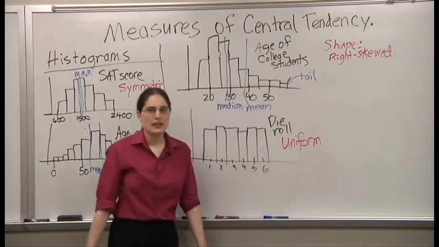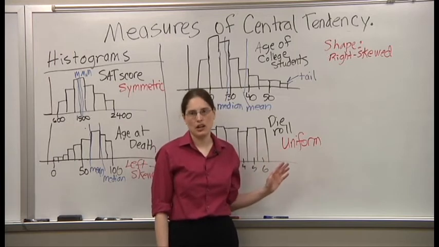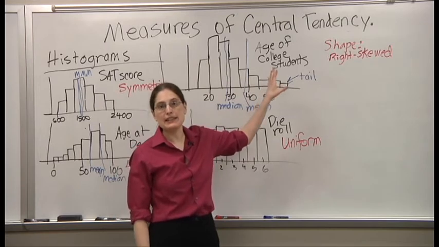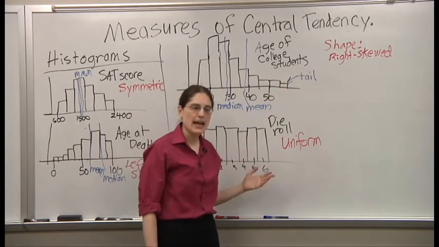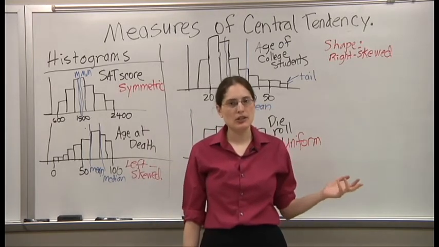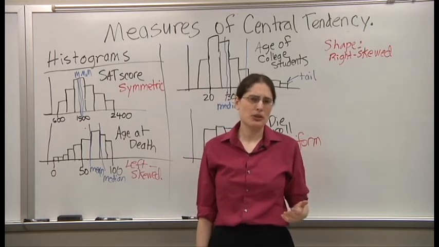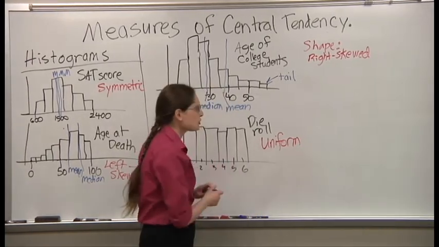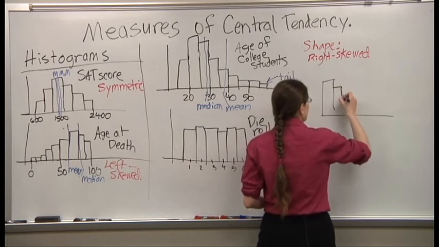So, these are some different shapes that histograms could take on. With real data, they might not be quite this neat, but you should still recognize the pattern when you look at a histogram of whether it's symmetric, right skewed, left skewed, uniform, or possibly doing something else crazy, maybe like this.